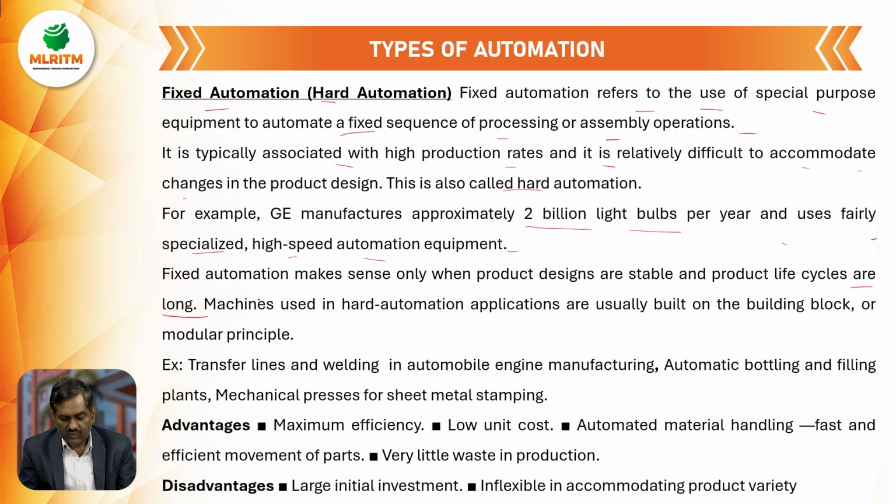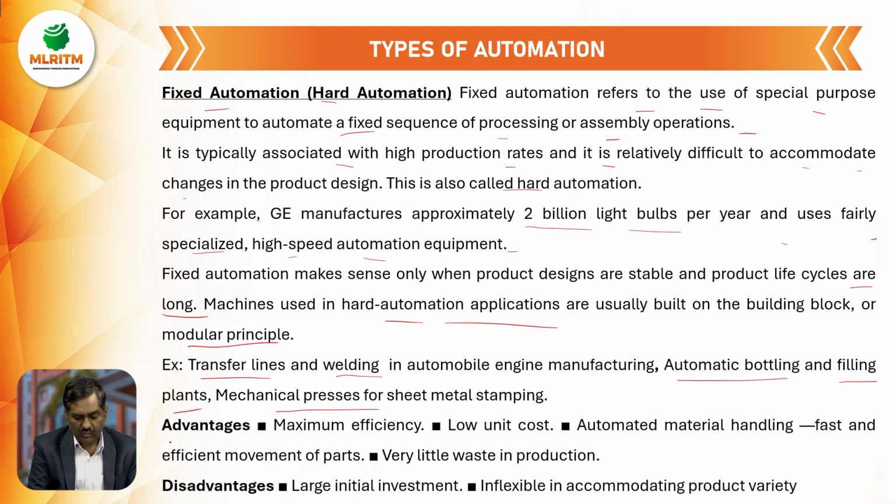The machines used in hard automation applications are usually built on the building block or modular principle. Examples of fixed automation include transfer lines and welding in automobile engine manufacturing, automatic bottling and filling plants, and mechanical presses for sheet metal stamping.